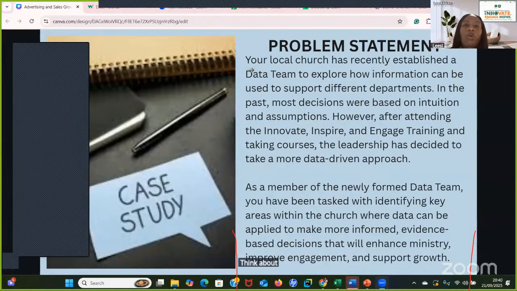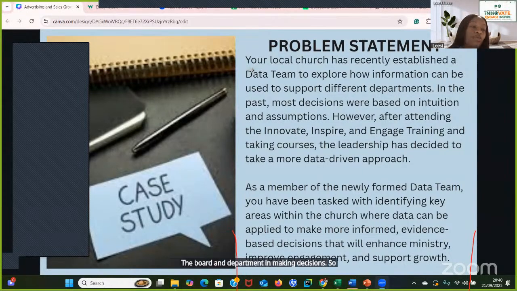Think about different problems that can possibly occur in a church setting. And as a data analyst in your church, part of the data team, the church board has given you the responsibility to identify different areas that data can be used to support the board and departments in making decisions.